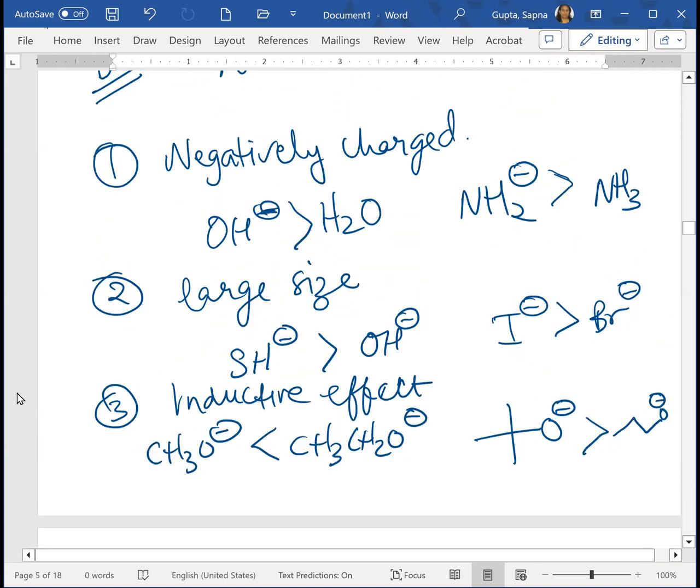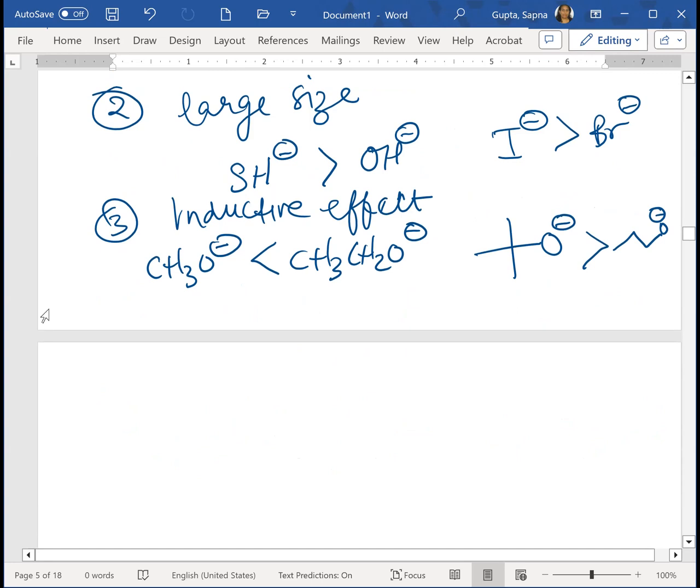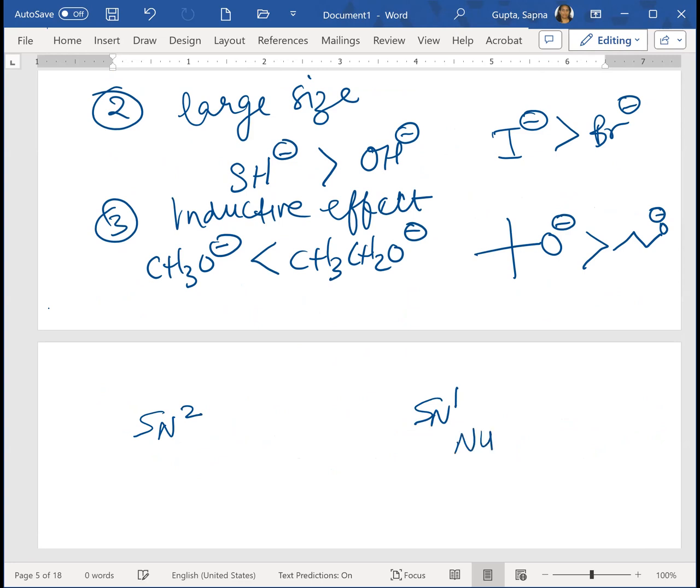Now I need to explain something here. Whatever we're talking about today, everything is important. When we were talking about nucleophiles, remember that nucleophiles only make a difference for SN2. In SN1, nucleophiles are not part of the rate equation. They are not in the transition state.